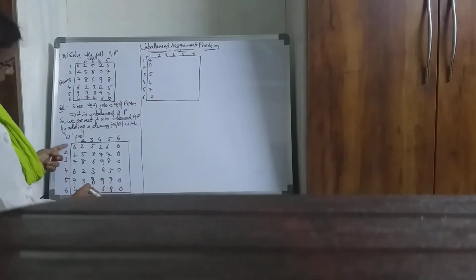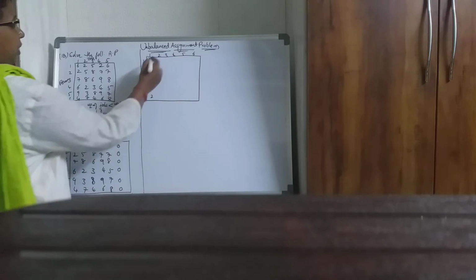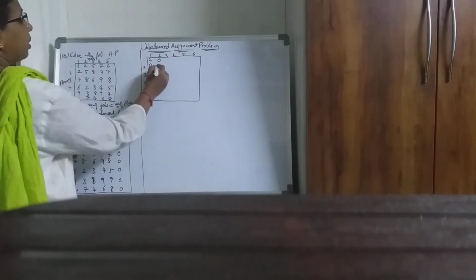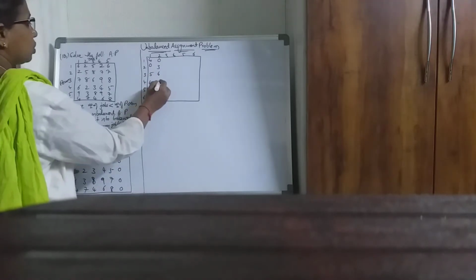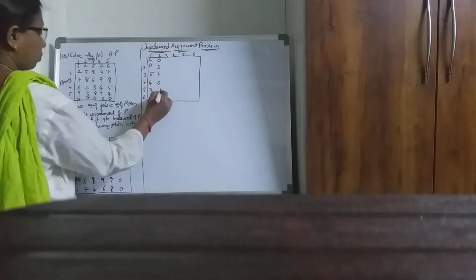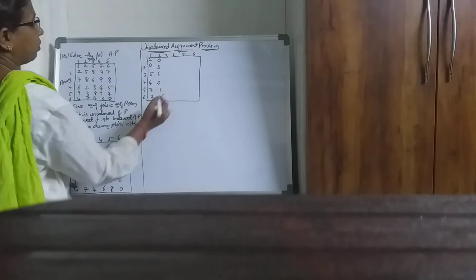Then the second column also has 2 as minimum. Subtract it: 2 minus 2, 0. 5 minus 2, 3. 8 minus 2, 6. 2 minus 2, 0. 3 minus 2, 1. 7 minus 2, 5.